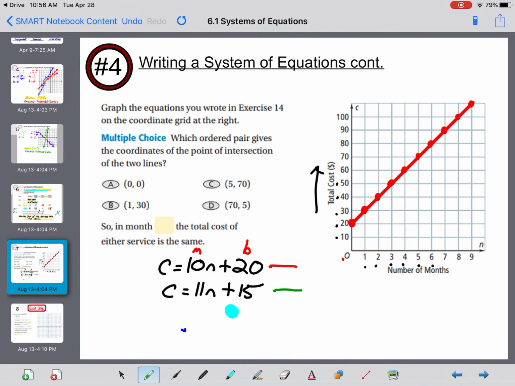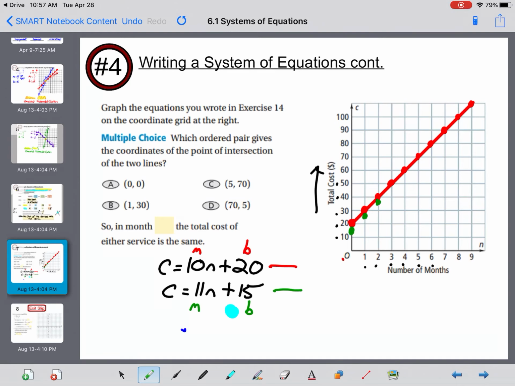Now we have to switch and do service 2. Service 2 says to start at a b value of 15, and the slope is 11 over 1, which could be a little tricky. So 15 falls in between 10 and 20. Now to go up 11 would mean that it would be 26 over 1, so a little over the halfway mark.